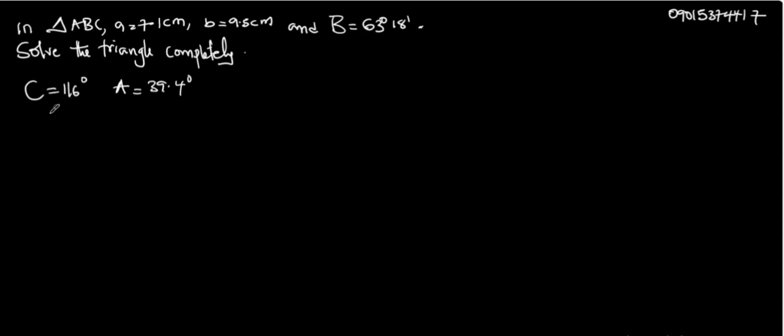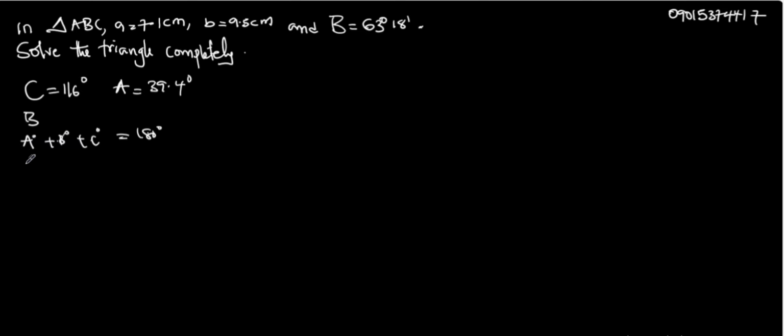And then we were to find angle B, where we say the sum of angles in a triangle is equal to 180 degrees. That is A plus B plus C is equal to 180 degrees.